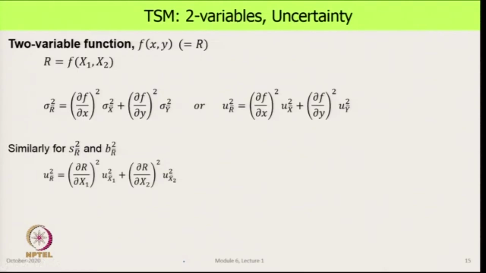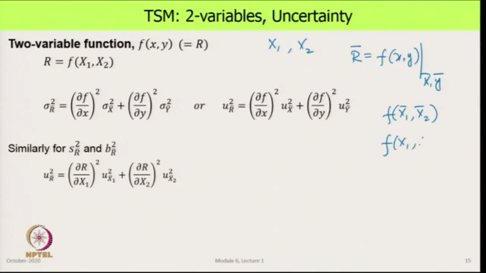Again, I am skipping all the statistics that goes into this, but we can start with the result formula. Say that x 1 and x 2 are variables coming from a distribution function. Do the analysis and show that r bar is a function of x y evaluated at x bar y bar, or in our case it is a function evaluated at x 1 bar x 2 bar.